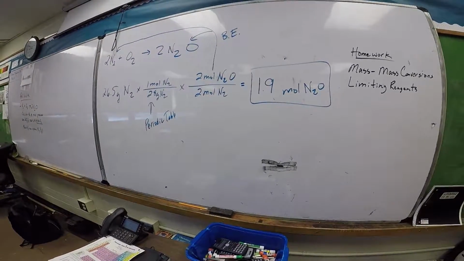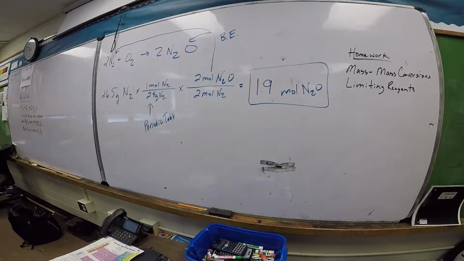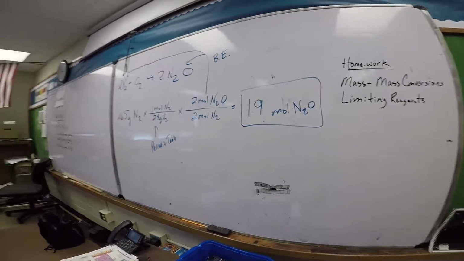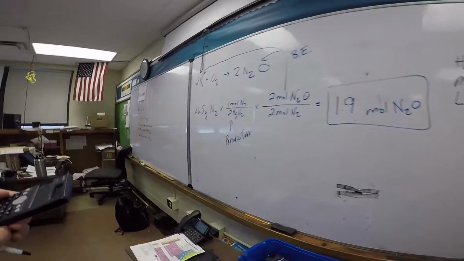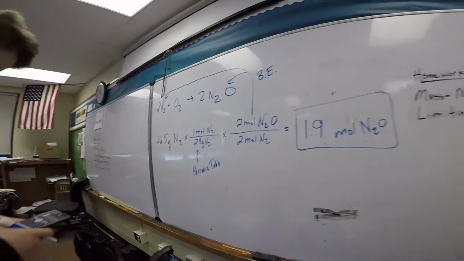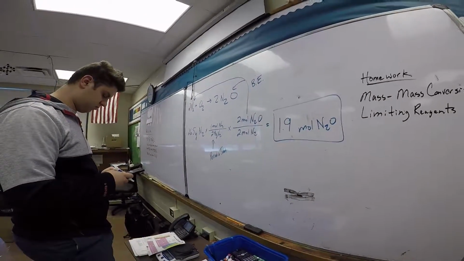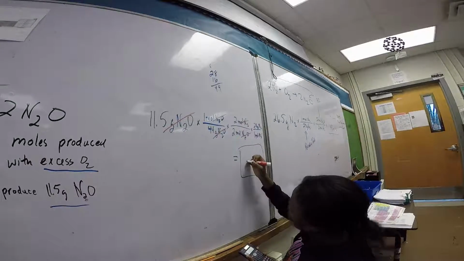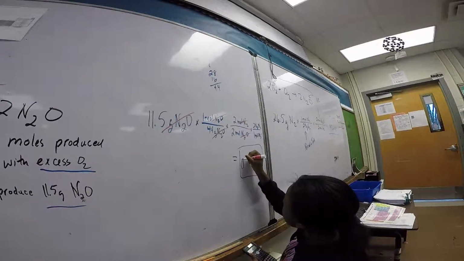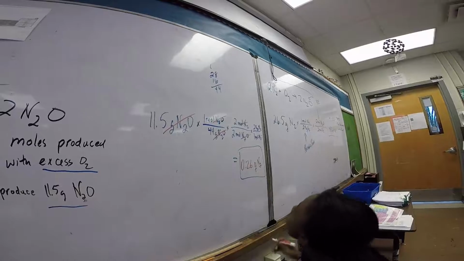Let me just do it right side. Yeah, 0.9. Times 2. No, you don't. Well, you're dividing by 2. Oh. See that? So that cancels out to 1. So it'd be 0.26, right? Sounds good.